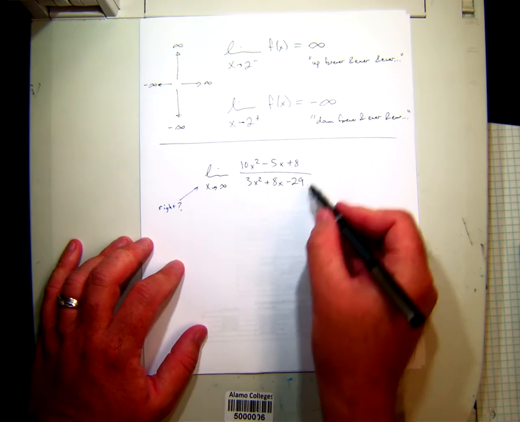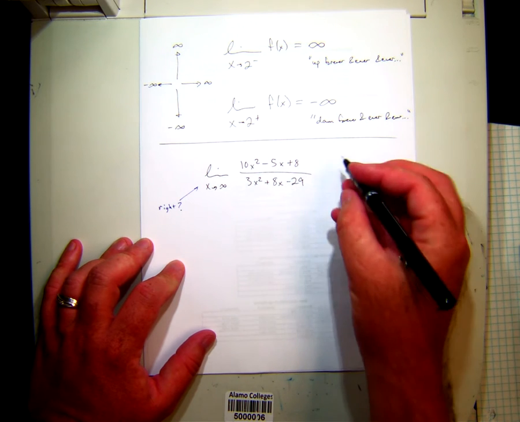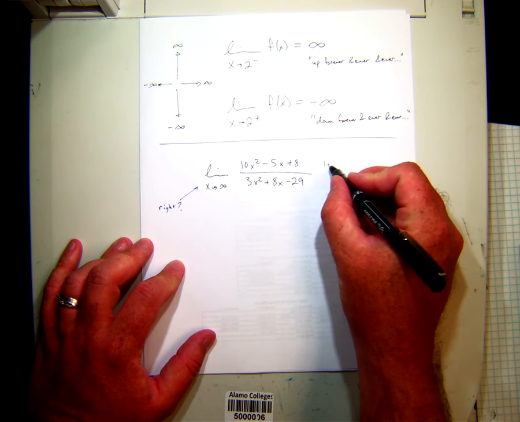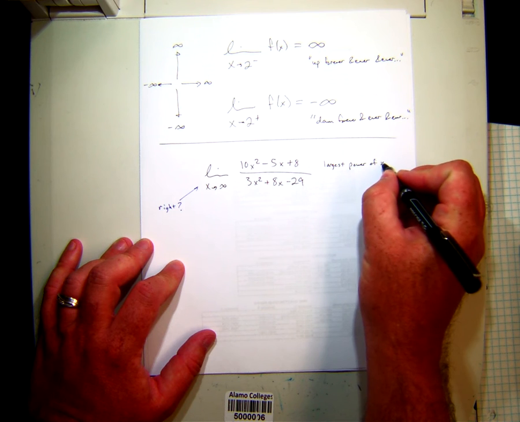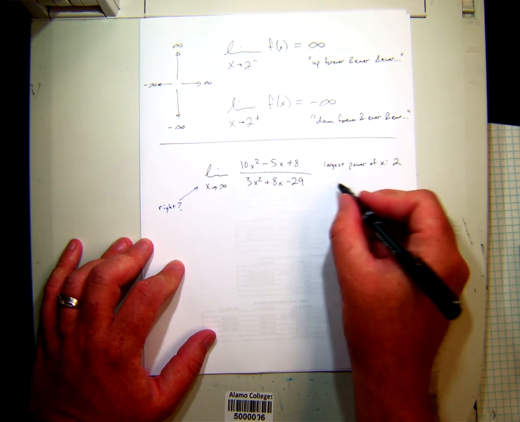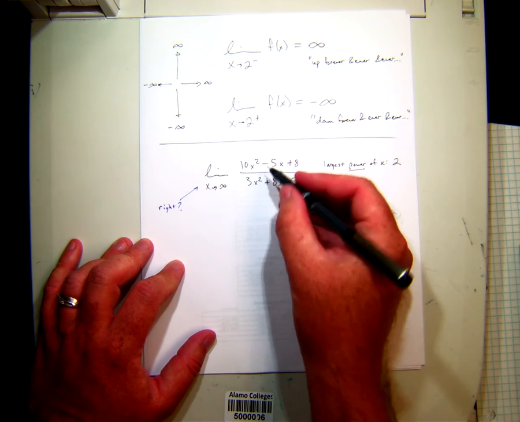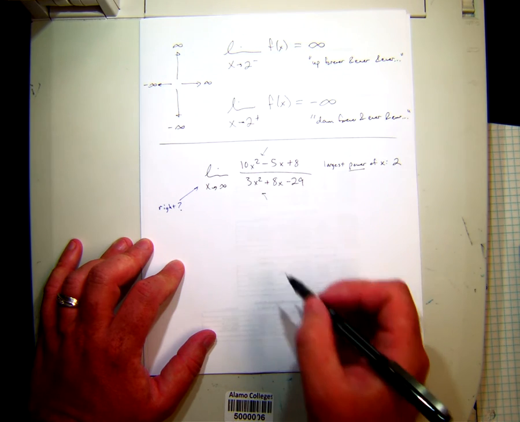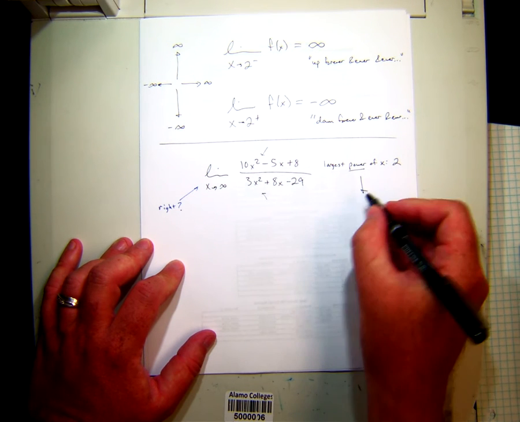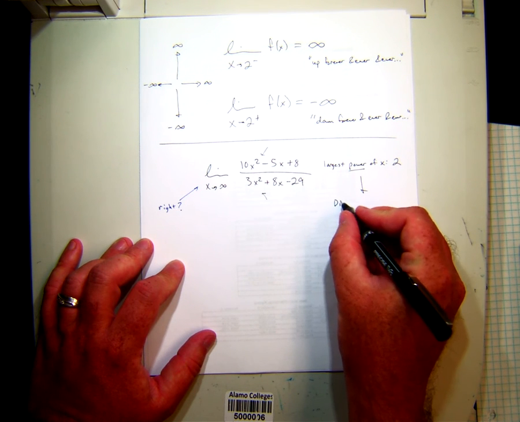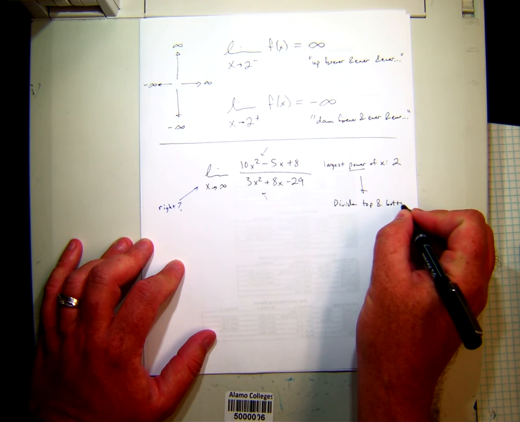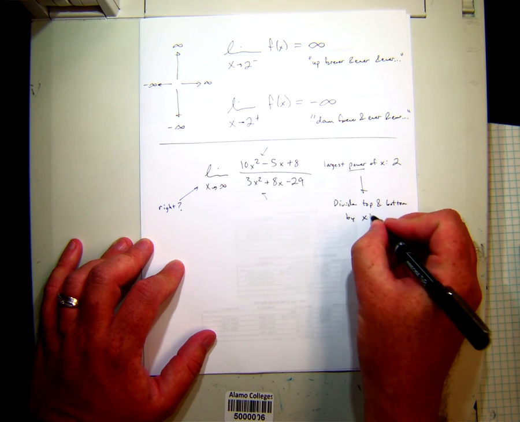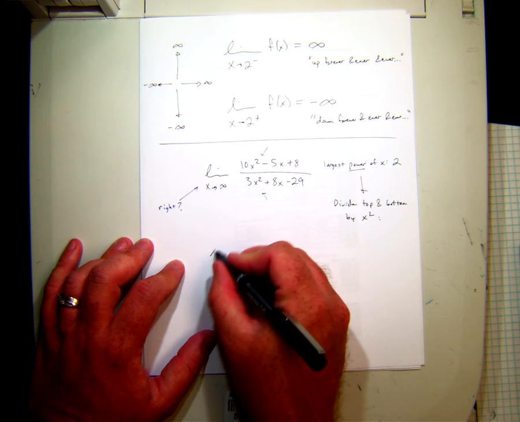So I don't want to graph this. I can, don't really want to. But what I'm looking for is what's the largest power of x? The largest power of x is 2. So what this means is divide the top and bottom by x squared, like this.